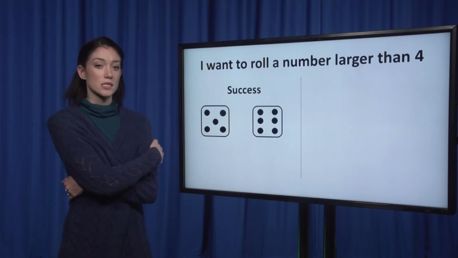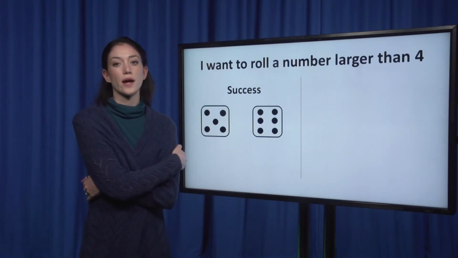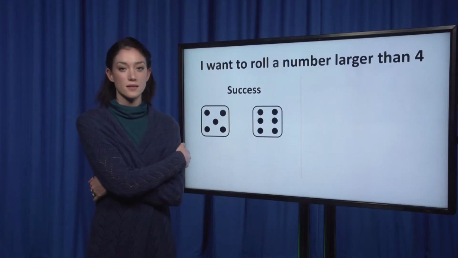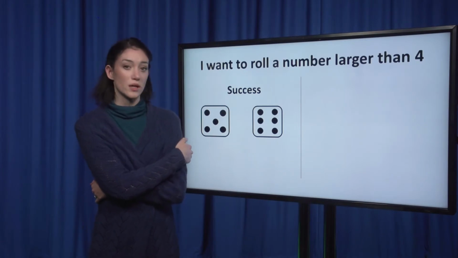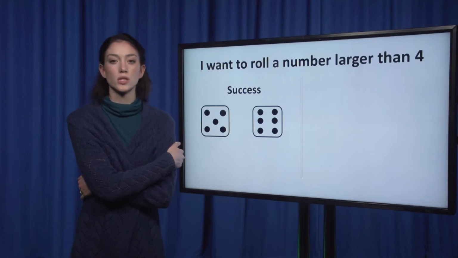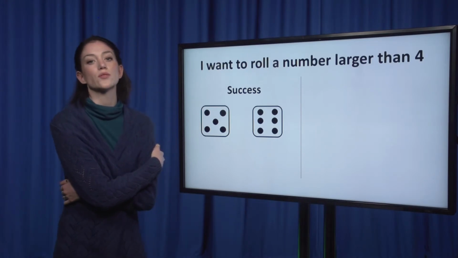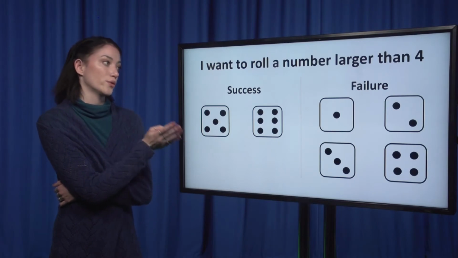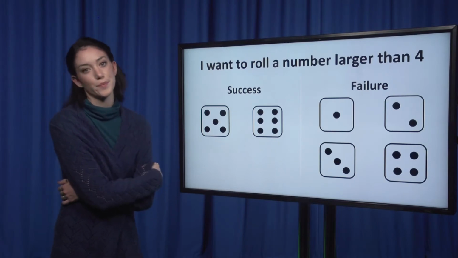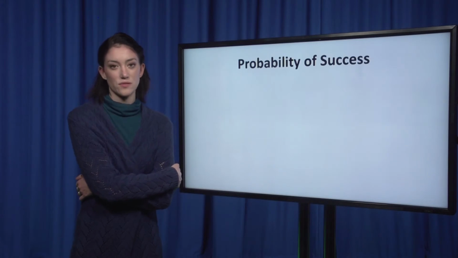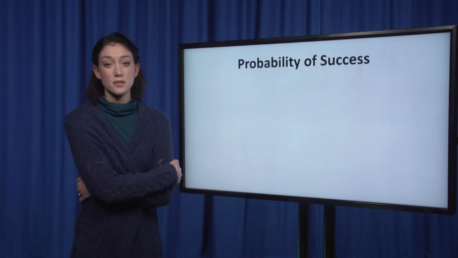On the other hand, failure occurs on any trial that is not a success. So, if you define success as rolling a number greater than 4, failure would occur if you rolled a 1, 2, 3, or 4.